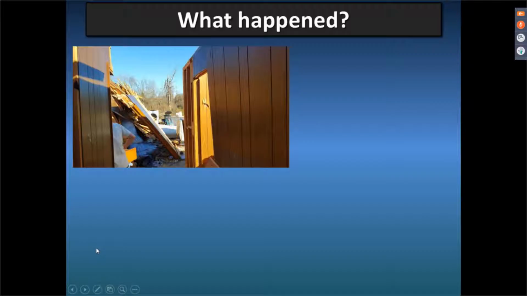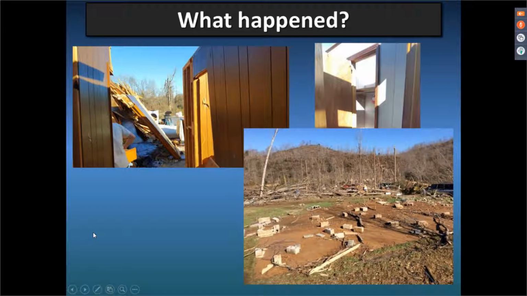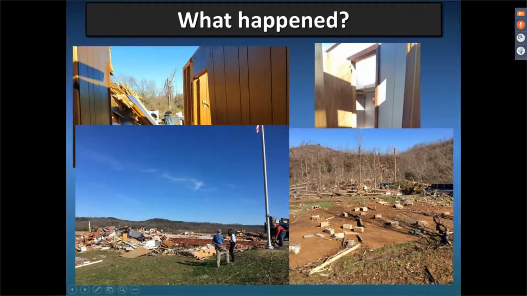So basically, all that instability we were looking at moving towards our area combined with that really strong wind shear that was already in place across Middle Tennessee. And the result was a lot of damaging long track tornadoes there, especially in the southwest part of Middle Tennessee. And that's some of the damage pictures from that event.